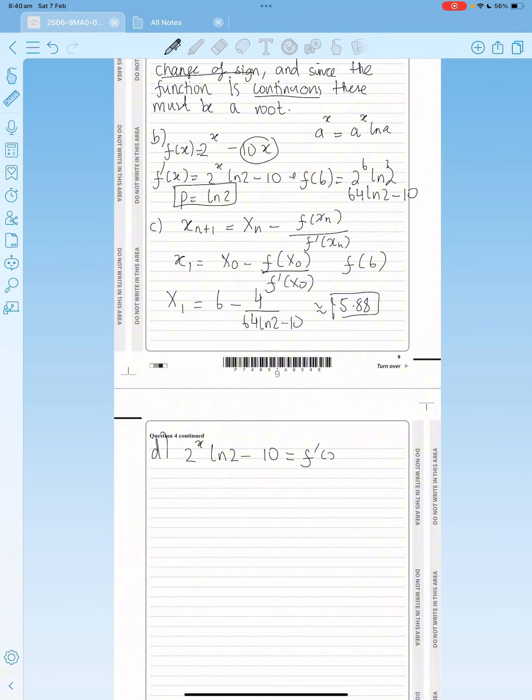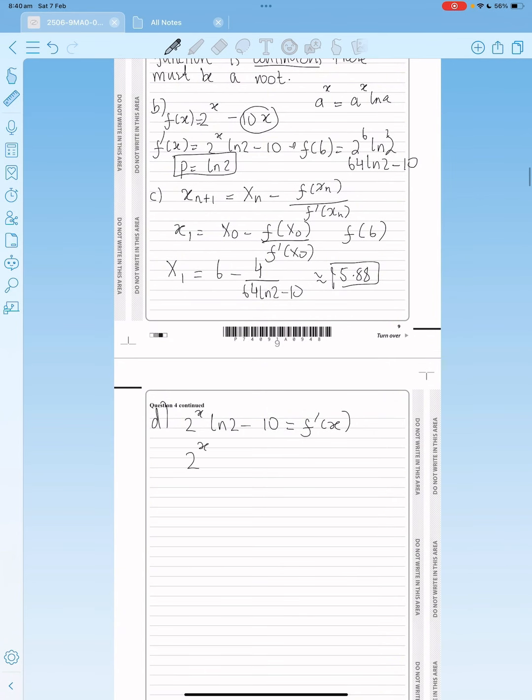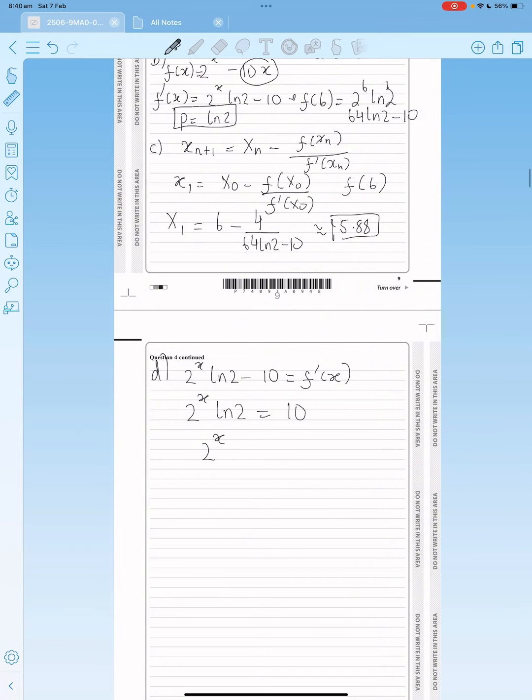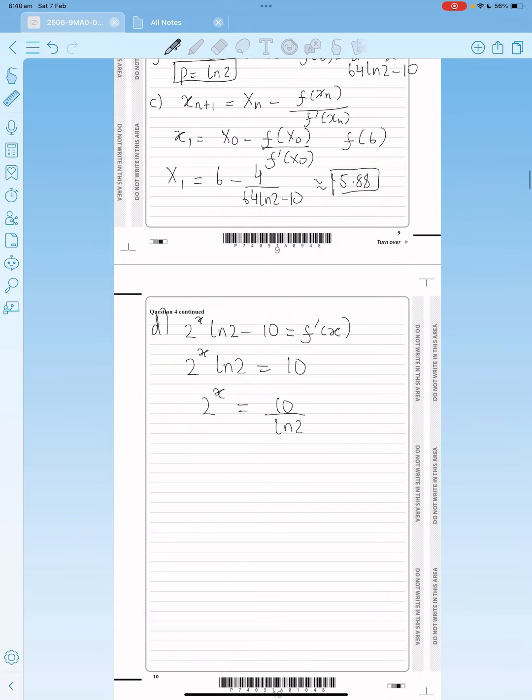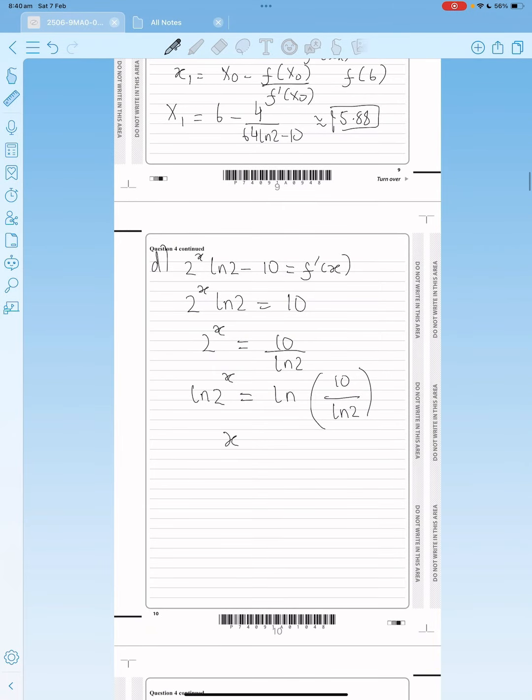F dash of x, sorry. So therefore, we equate this to 0 and say 2 to the x ln 2 is equal to 10. So therefore, I could say 2 to the x is equal to 10 divided by ln 2. I could apply another ln, so I could say ln of 2 to the power of x is equal to ln of 10 over ln 2. And then I could say x ln 2 is equal to ln 10 over ln 2.